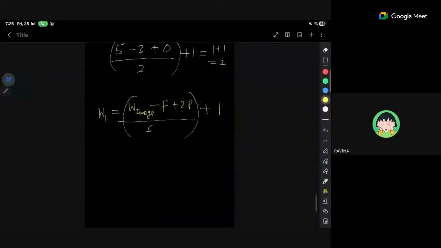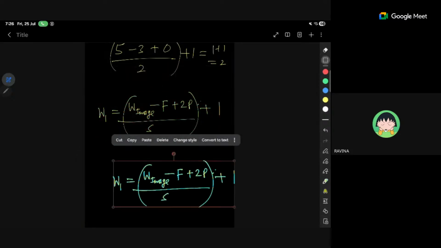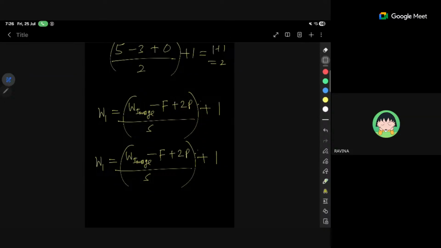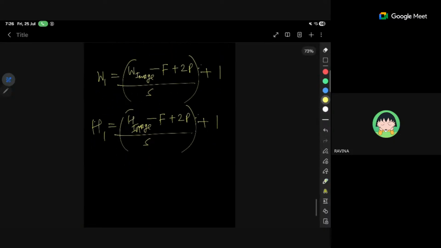This is how you get the formula for width, and the same formula for height. So this is how you'll get width and height.